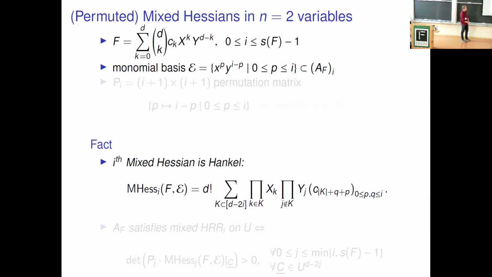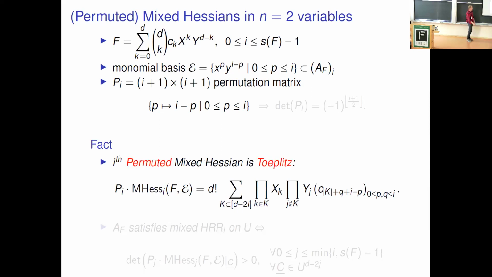Look at these matrices. But I don't want Hankel, I want Toeplitz, so I need to just flip the Hankel upside down. So what I should do is multiply by a permutation matrix, one that just exchanges row P for row I minus P. That amounts to turning the matrix upside down. And now I can talk about the permuted mixed Hessian, and that turns it into a Toeplitz.